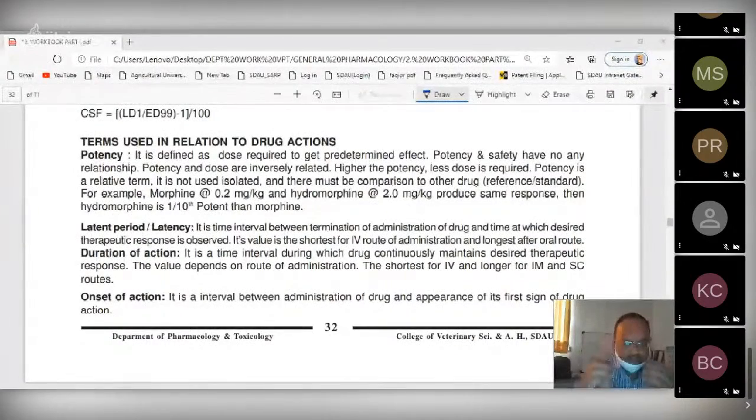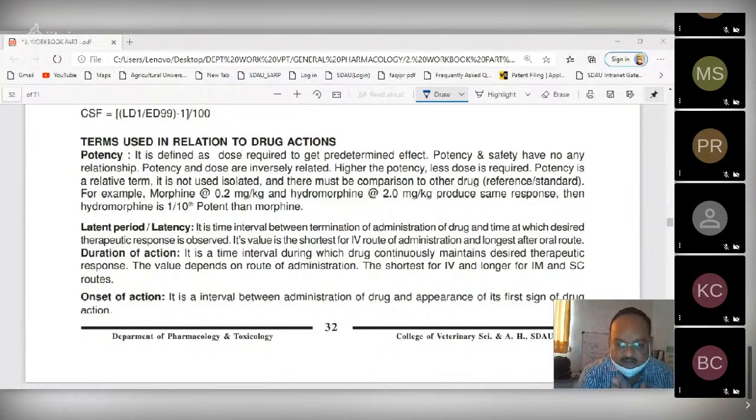So let us first define that a drop of 2 degrees centigrade is required to produce the therapeutic effect. The dose which reduces the body temperature by 2 degrees centigrade is the optimum therapeutic effect. So what is potency? It's the dose which is required to produce the desired or predetermined therapeutic effect.